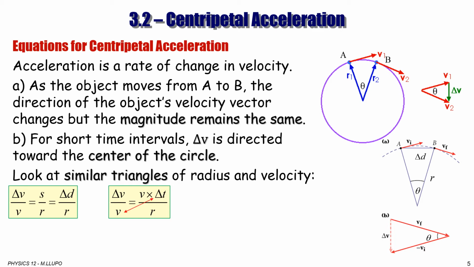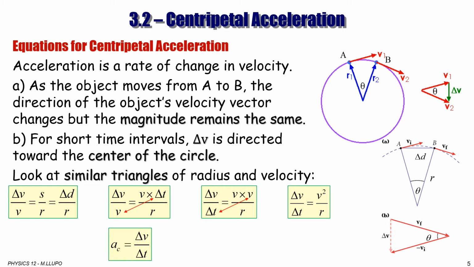We can switch places of the V and delta T. We take the delta T and move it down here, and we move V up. Then we get delta V over delta T is equal to V times V divided by R. So delta V over delta T is a change in the velocity per interval of time, and V times V is V squared over R.